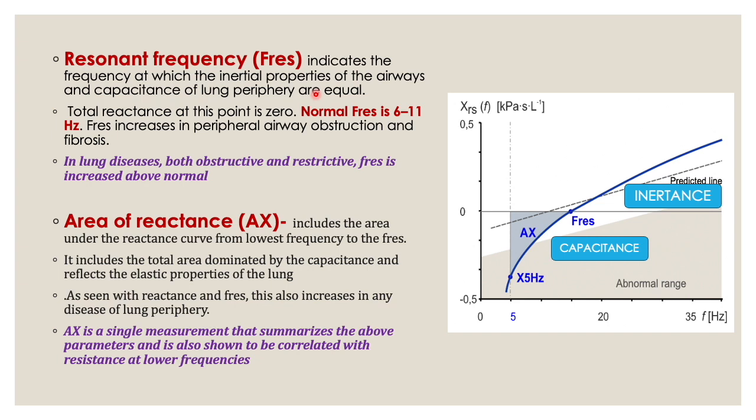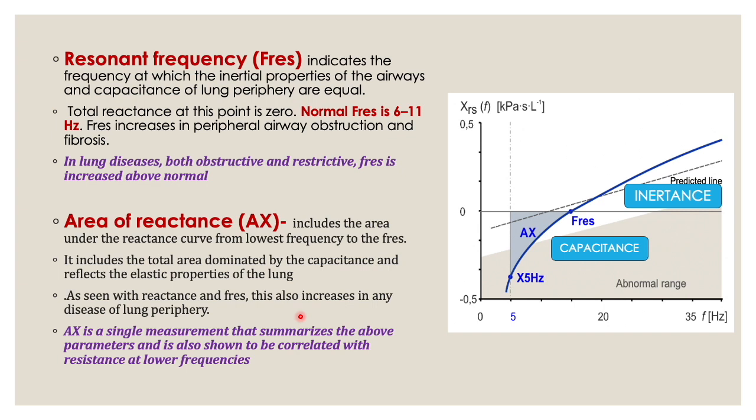But it's important to remember that if the resonant frequency changes, there is some abnormality, whether obstructive or restrictive, but there is some abnormality. And as I showed in the oscillogram, the triangular area, or area of reactance, is also very important, because that reflects the compliance of the lung. The compliance, for which we can easily give an analogy of the ability of a balloon to grow bigger and bigger.